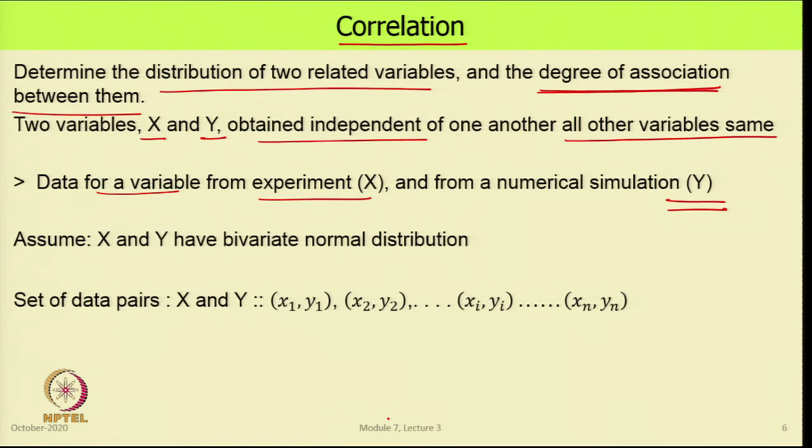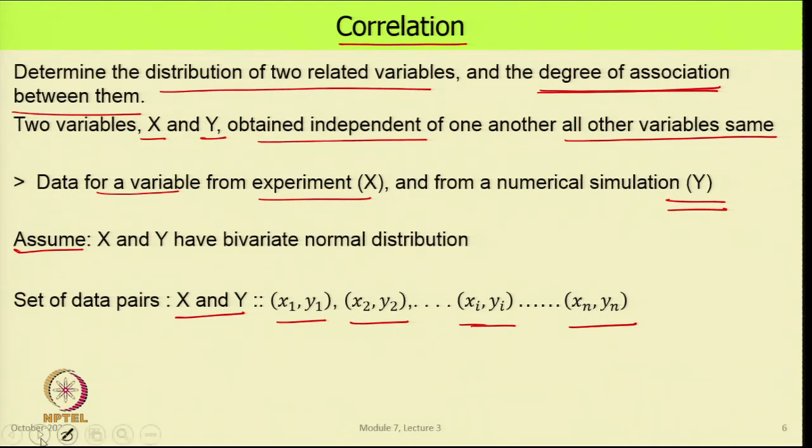And then we ask, how well are they connected? So, the basic assumption we make is that x and y have bivariate normal distribution, and our data set that we work with is x1 y1, x2 y2, like that for n pairs of data.